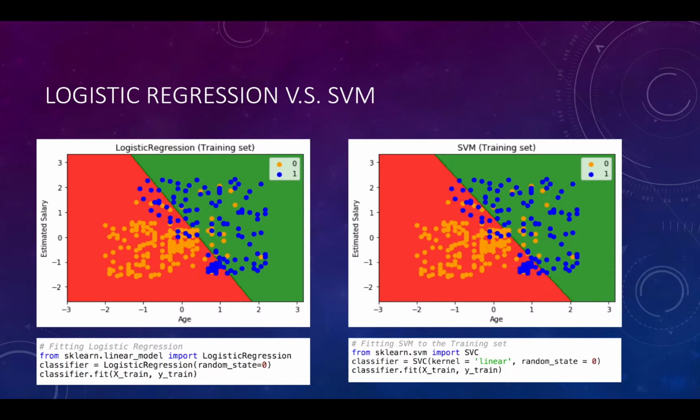For the SVM, we can also use a linear kernel, and the picture is shown in the right diagram. We can see those two pictures have no big difference. We can both see many misclassifications.